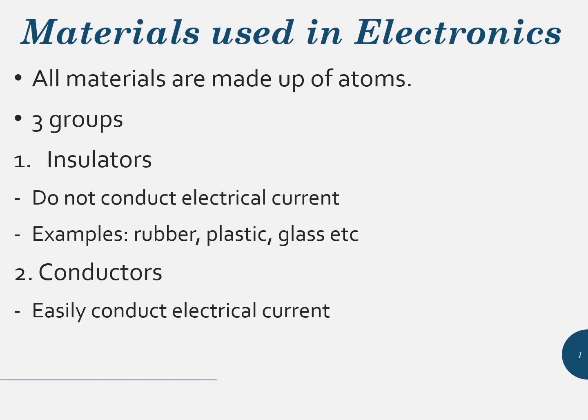Therefore, in a conductive material, the free electrons are valence electrons. Most metals are good conductors. The best conductors are single element materials such as copper, silver, gold.